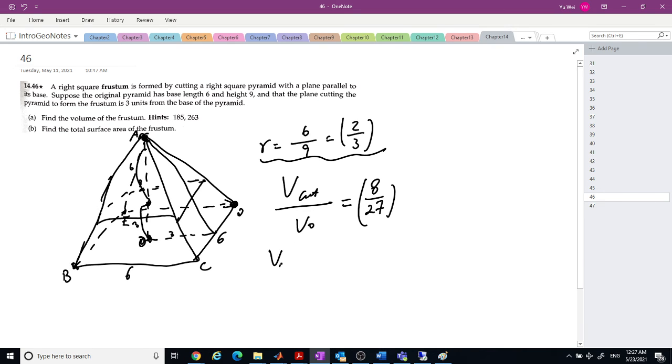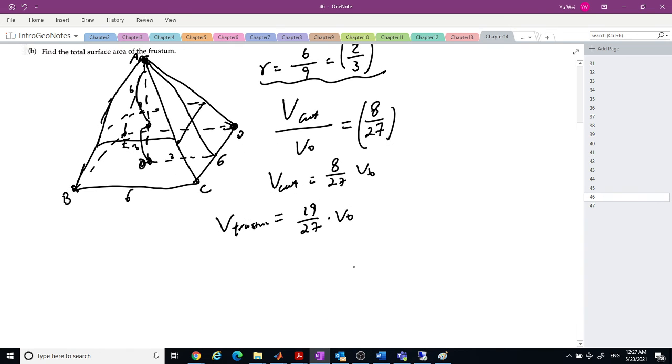So now we know what we cut is 8 over 27 of the V0, then the V first term is equal to 19 over 27 times the V0. Now we need to solve the V0, right?